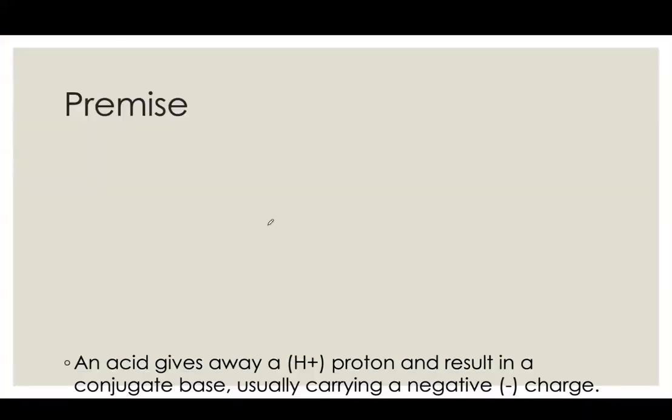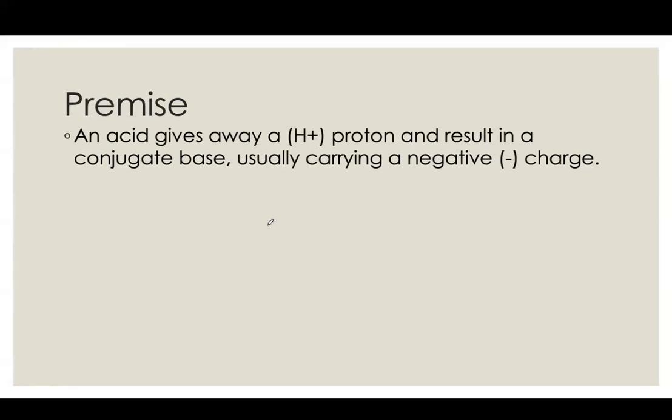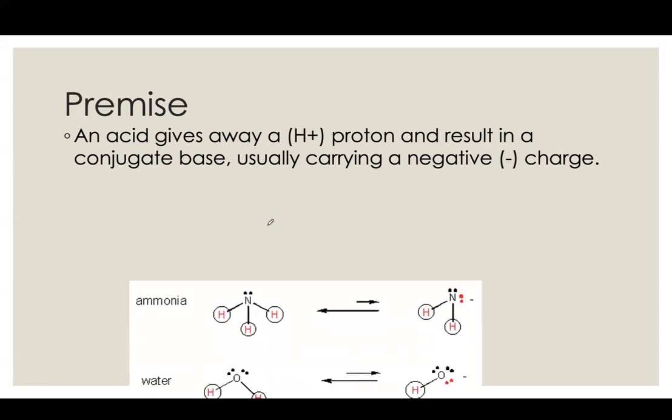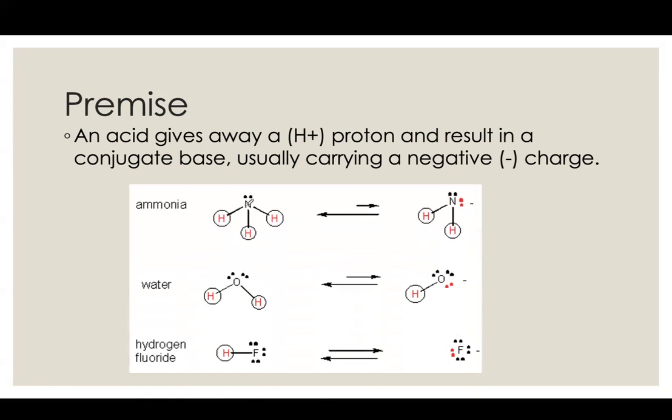We build on the premise that by definition, an acid gives away a hydrogen ion, a proton, and results in a conjugate base usually carrying a partial negative charge. What does that mean? When I look at ammonia, this is acting as an acid, or HA. So in this case, it's NH3. It's going to give away a hydrogen.